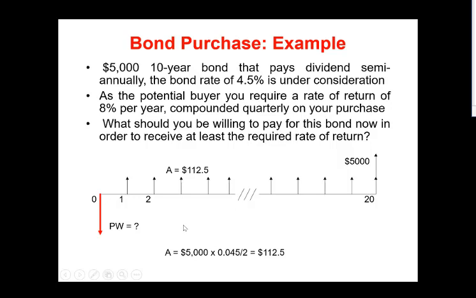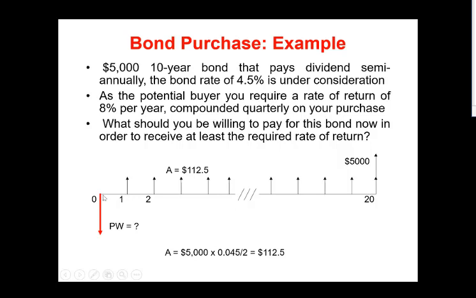And first, we have to draw the cash flow diagram here. This diagram has 20 periods, because the bond maturity period is 10 years, and the dividend payment period is semi-annual.